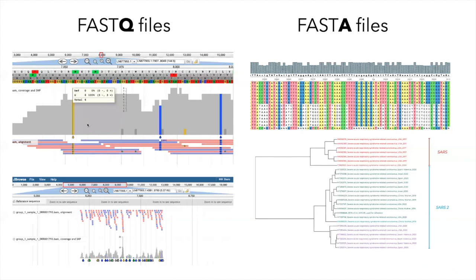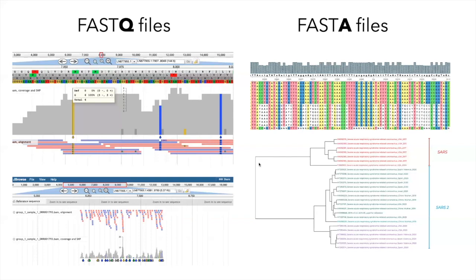Mapping them to the reference genome allows us to look at the abundance of reads in a particular place, like here, and that is called coverage. Coverage can also be represented by a measurement of depth, and the depth is essentially how many reads there are for a given nucleotide across the whole genome.